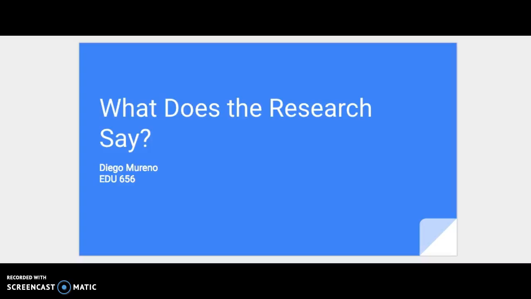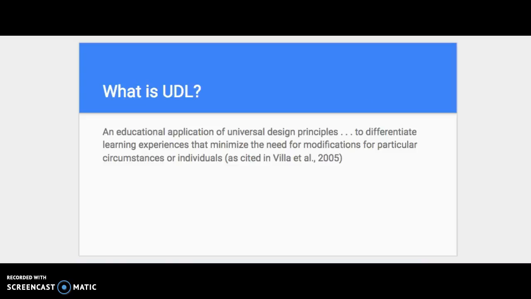I think you guys already know this, but the definition of UDL I found that stuck to me the most in the research that I read was that it's an educational application of universal design principles to differentiate learning experiences that minimizes the need for modifications for particular circumstances or individuals.